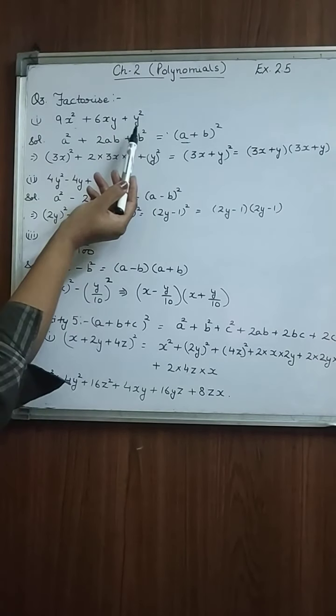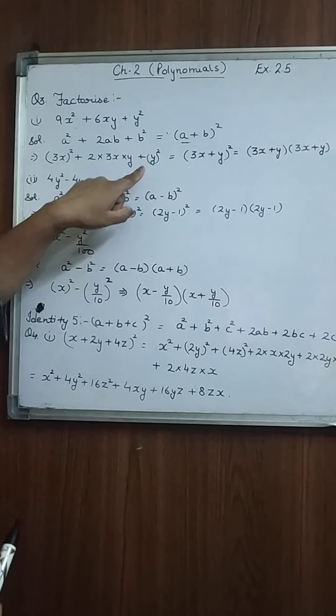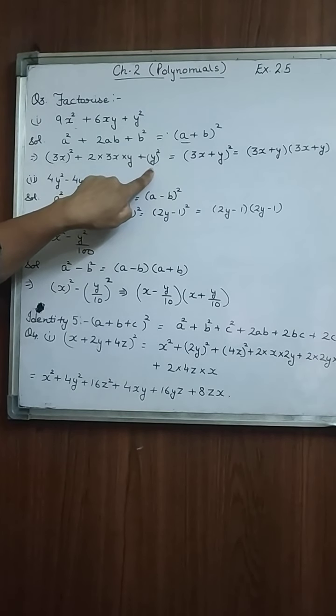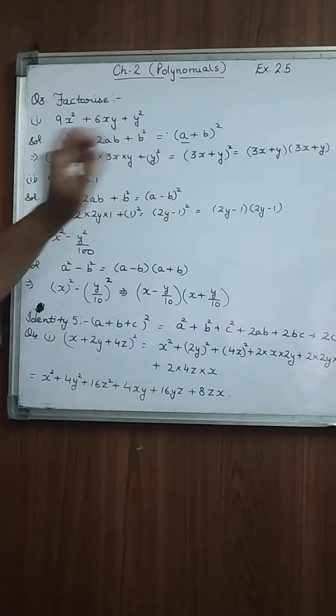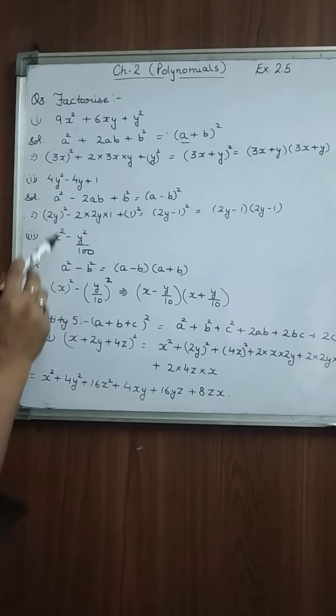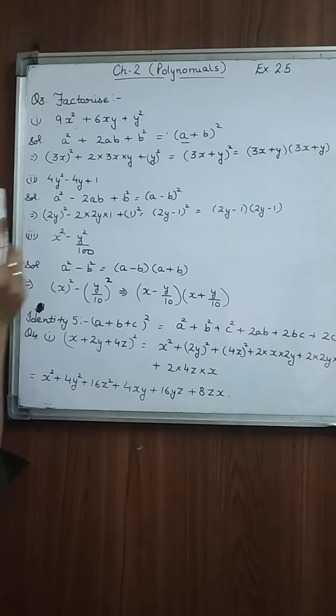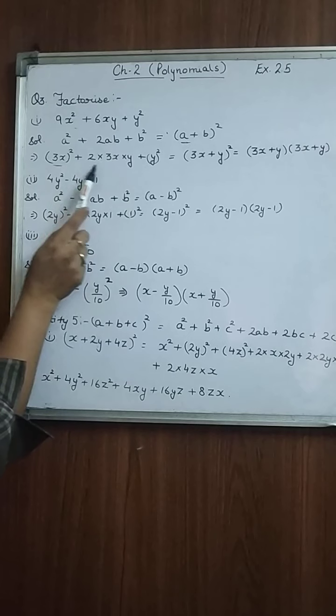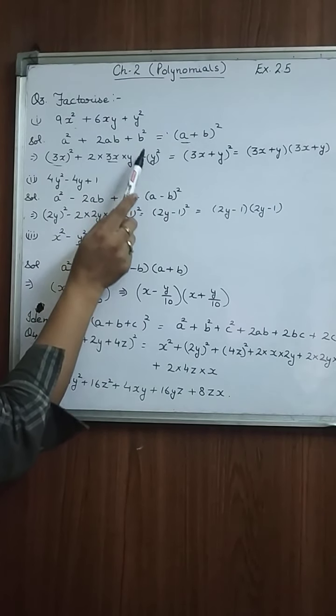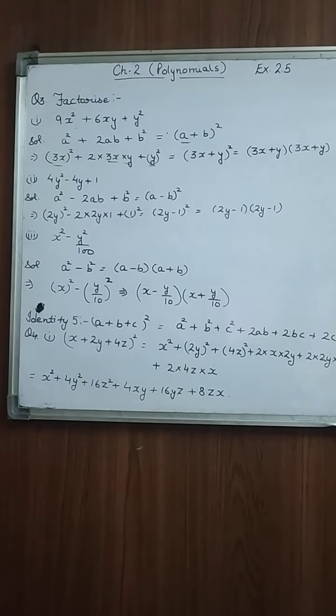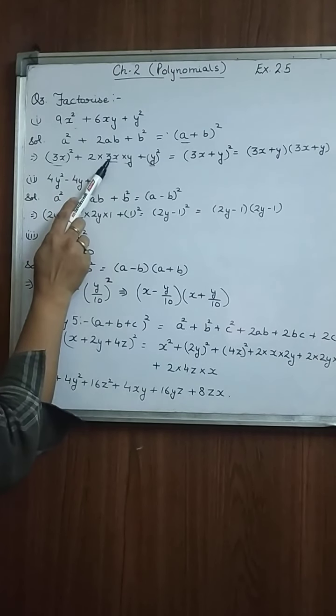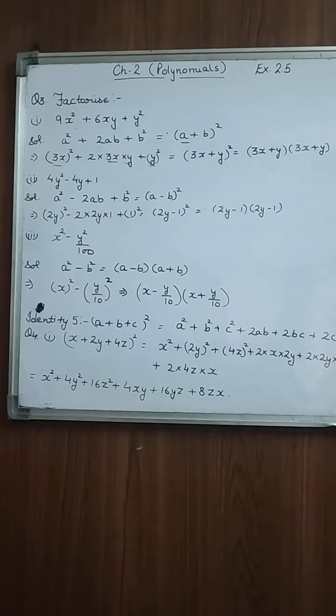In the same way, the square root of y square is y only, so it is y whole square. In the same way 2ab: a is 3x and b is y. So let's check. 2 3s are 6xy. Yes, 2 3s are 6xy, it's correct.